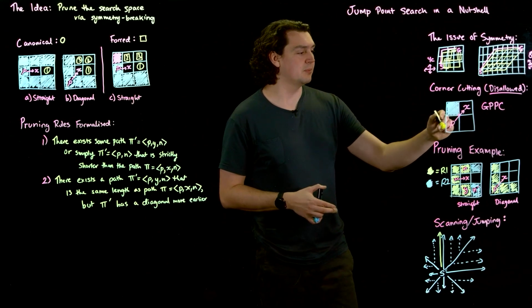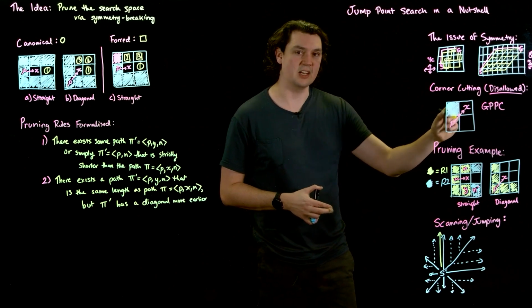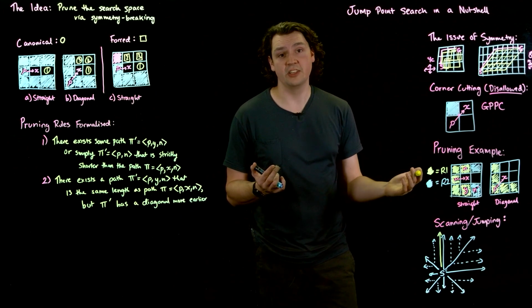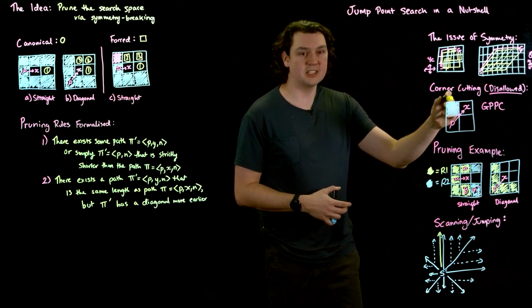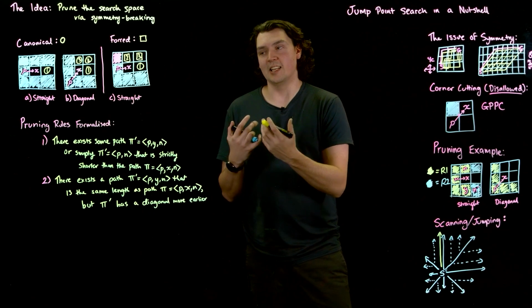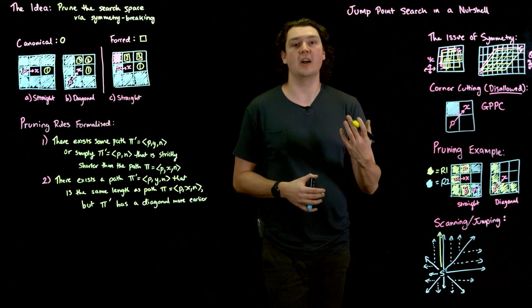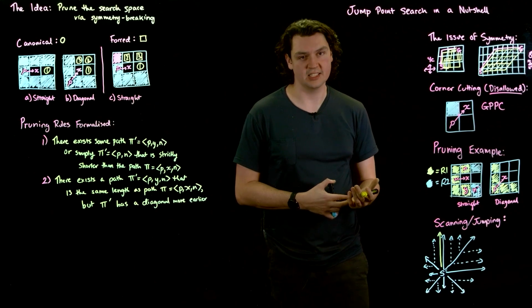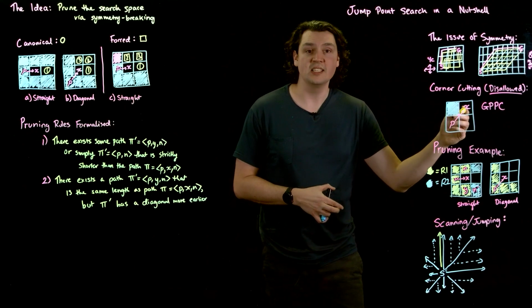So in the past, this path from P to X, this diagonal move here, was just allowed. But if you think about it, this is an obstacle, yeah? So in pretty much all realistic scenarios, your agent has some form of size, okay? It's not a point agent.